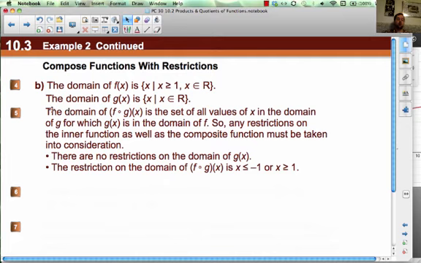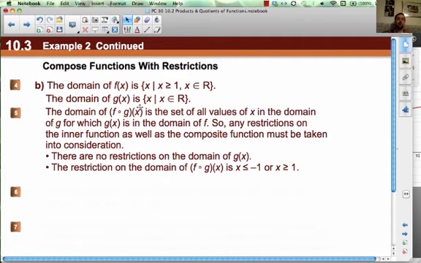That sounds wordy. Let's break it down. The set of all values of x in the domain of g. So, in the domain of g are all values of x. All values of x are possible. But there are some values in this domain that don't work for f.